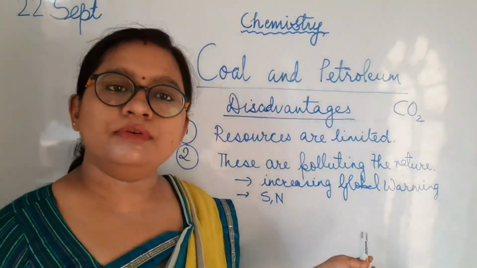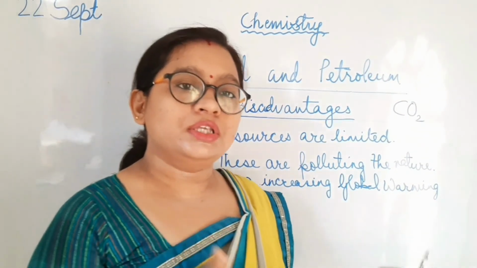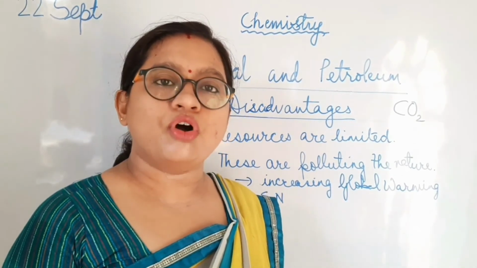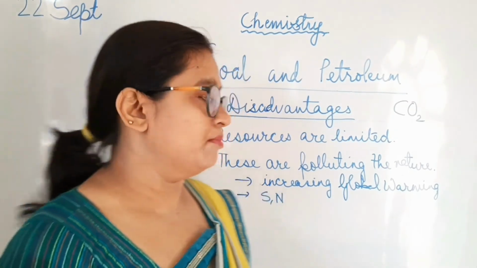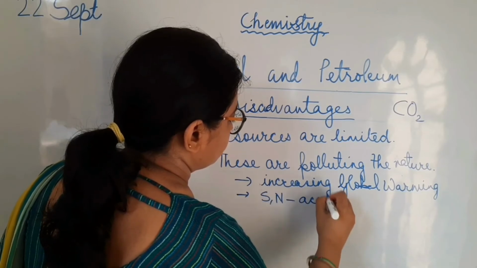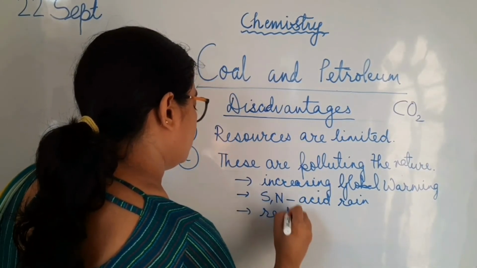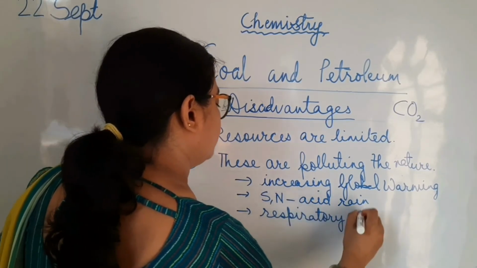So another disadvantage is that it may cause acid rain. So it is not only causing global warming, it is causing many health related problems if it is inhaled in a larger amount. Respiratory problems.